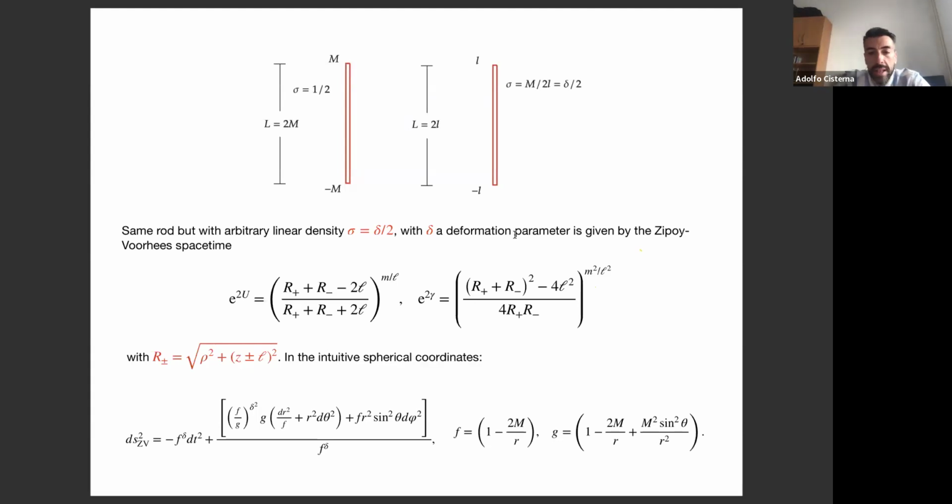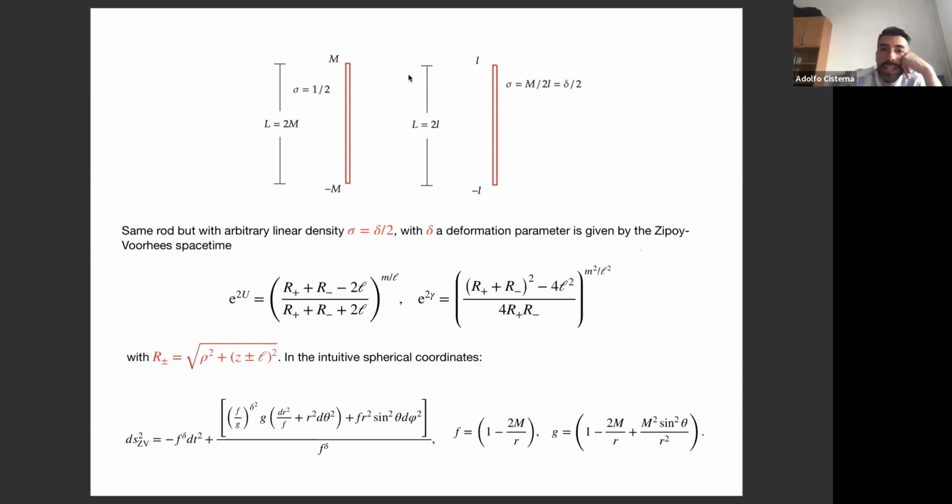An interesting metric that is going to be useful for what I'm going to say at the end is this one, which is a simple generalization of the Newtonian case of Schwarzschild. So instead of having a thin rod of constant density, you have a thin rod with some arbitrary density depending on something that is called the deformation parameter.